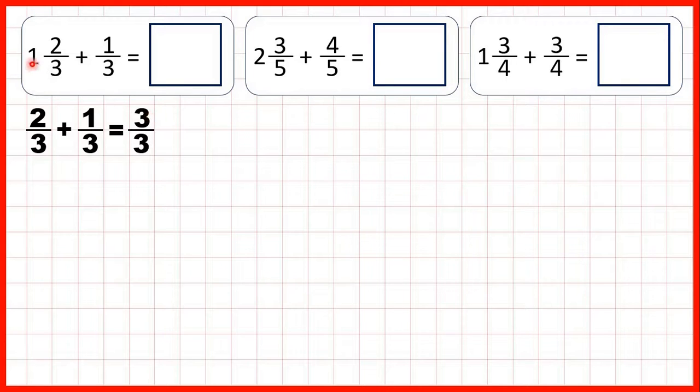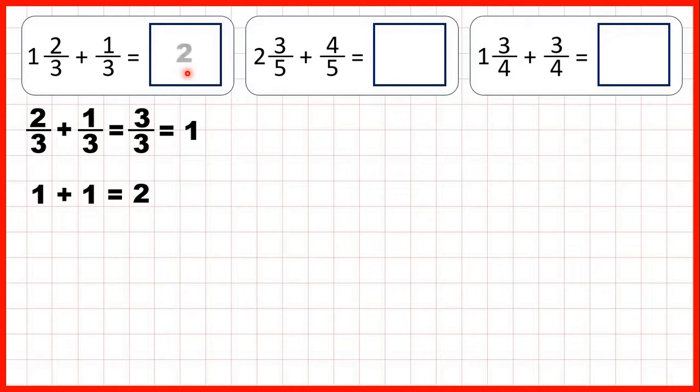But we can't write 1 3/3 as our answer, because in a mixed number, we need a proper fraction. Now 3/3 is the same as 1 whole, because 3 divided by 3 is 1. So when we add the 1 whole that we've made from adding our fractions to the 1 whole that we started with in our question, that gives us our answer of 2.